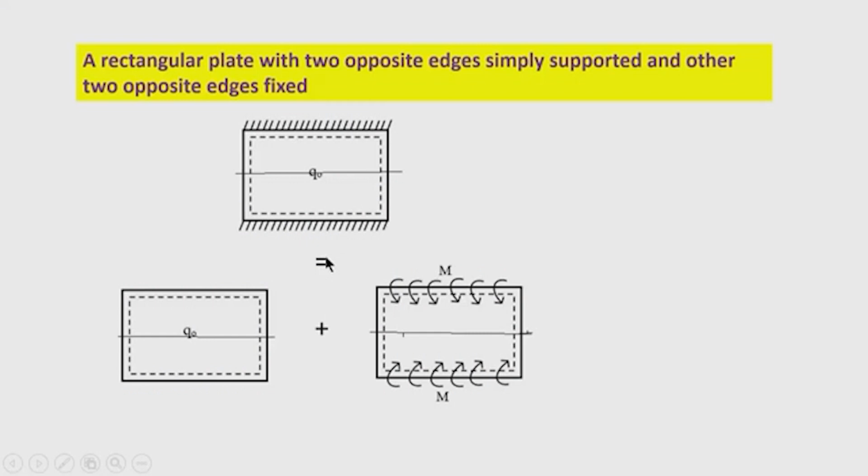So, now this condition can be written as the equivalent of a simply supported plate subjected to UDL, plus a simply supported plate subjected to an edge moment which is symmetrical. If we superimpose these two conditions, this will reflect the original condition, provided M is found in such a way that it makes the slope along the y direction 0. That condition must be satisfied by the particular value of M. So, let us see how we can proceed.